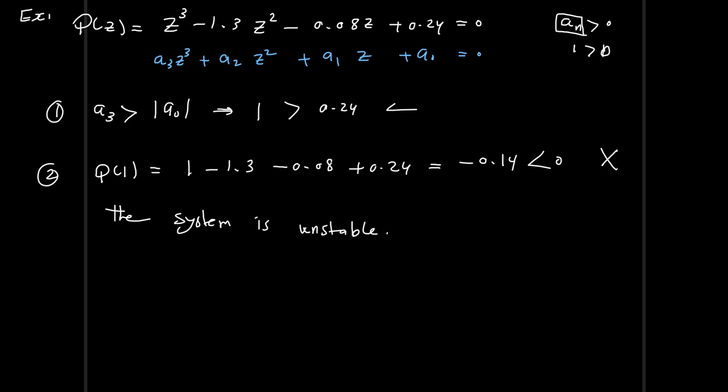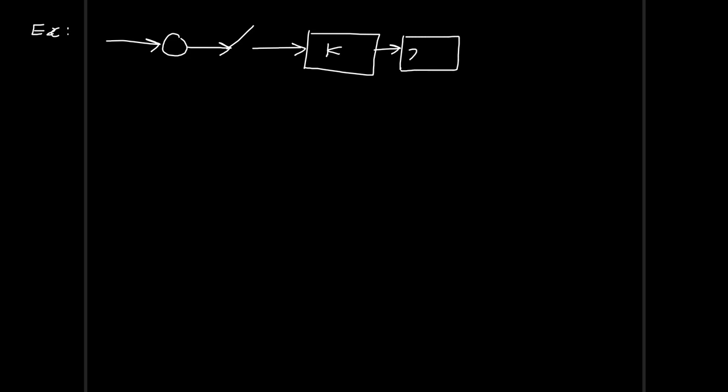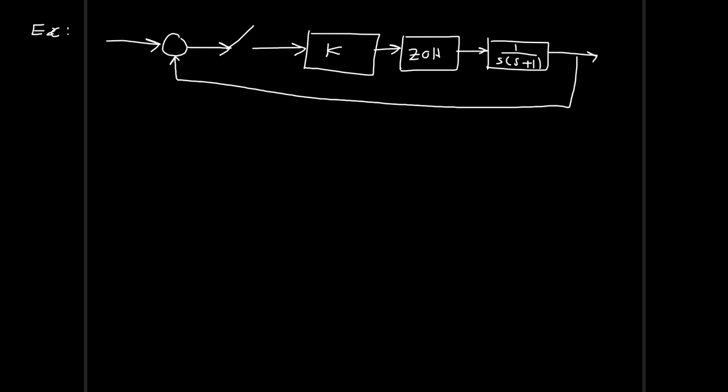Let's take another example. And let's recall our previous example, except that k here is unspecified now. And here we have the zero order hold. Here we have the Gp of s, which is 1 over s plus 1. And this is a unity negative feedback.